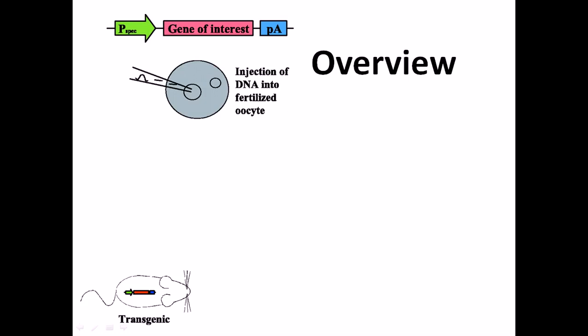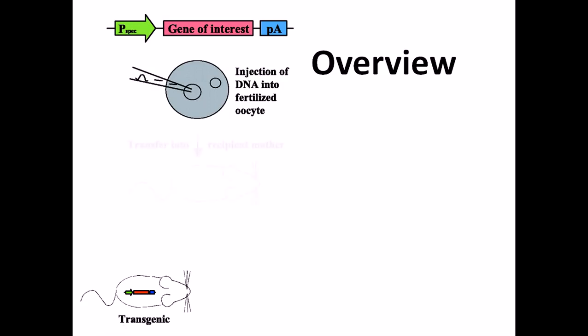So what we do is take the gene of our interest, which is obviously incorporated in vectors. We take the vector with the gene of interest and inject it inside the fertilized oocyte, which is denoted here with this round. This is the oocyte, and the injection is called microinjection, and we inject the gene of interest inside that oocyte.